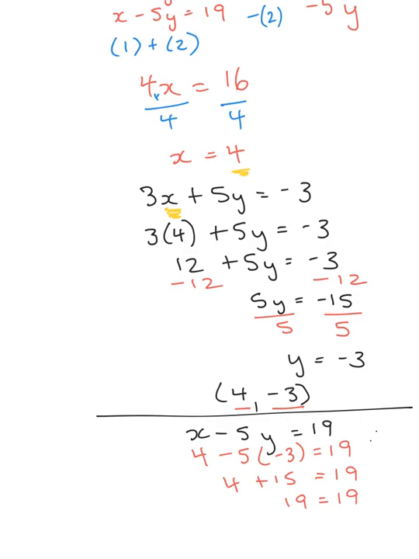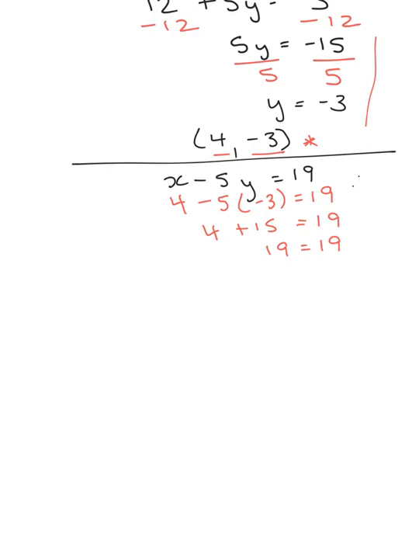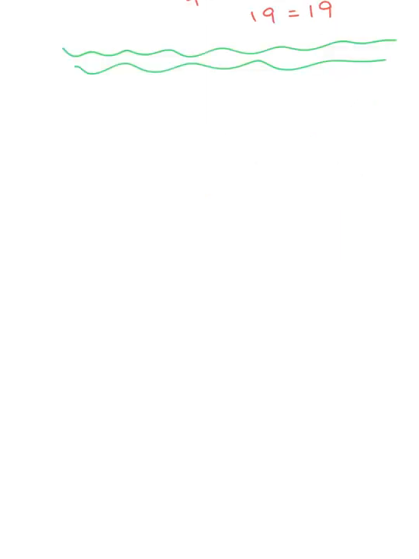I now know that the solution, 4, negative 3, satisfies the equation x take 5y equals 19. I could check my equation by substituting 4, negative 3 into the second equation. I would find that it also satisfies the equation, reassuring me that my answer is correct.